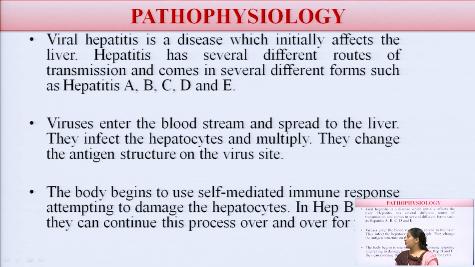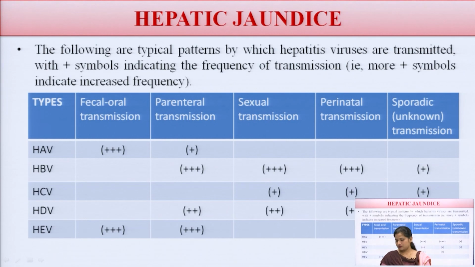The body begins to use self-mediated autoimmune responses, attempting damage to the hepatocytes. In hepatitis B and C, this process can continue over the years.